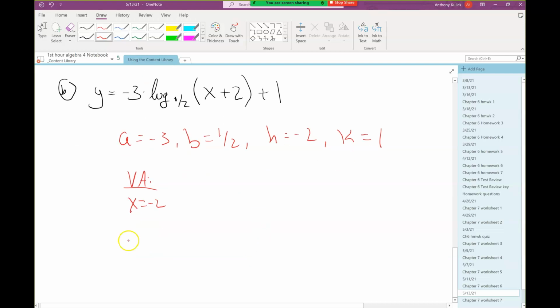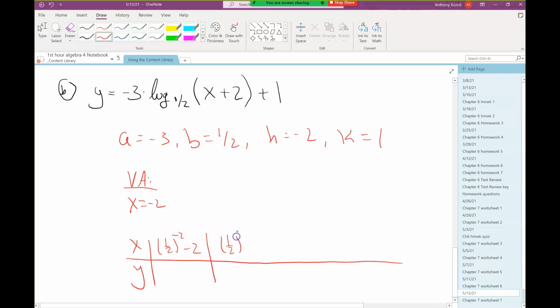And then I'll make my x-y table where I need the h value again, because the x coordinates are going to be b to the -2 plus h, b to the -1 plus h, b to the 0 plus h, b to the first plus h, and then b to the second plus h.